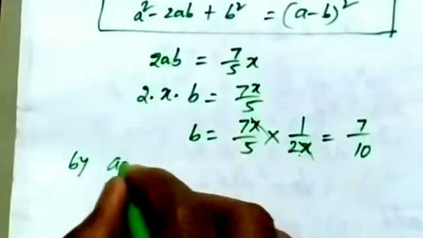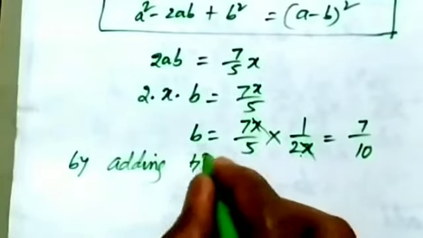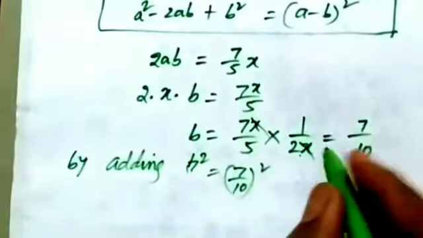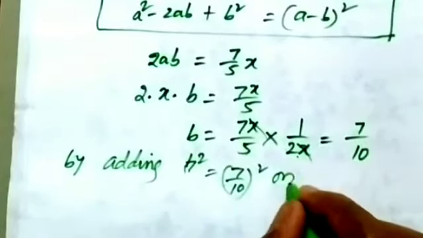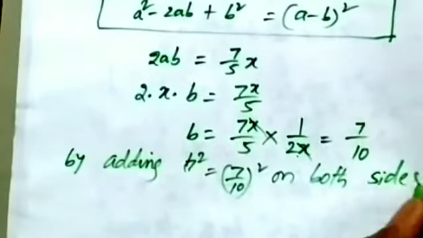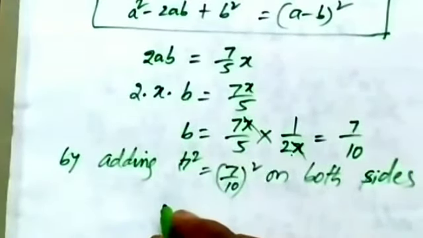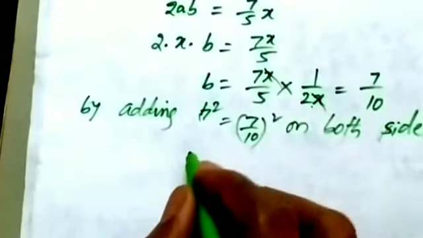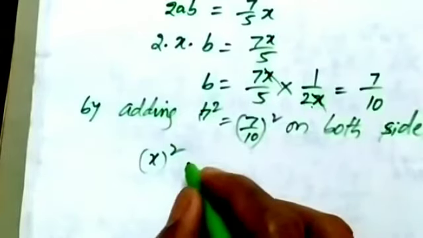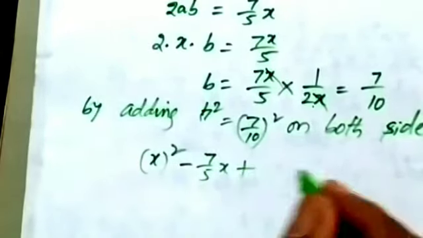Now by adding b square on both sides, b square means 7 by 10 whole square on both sides. So this is a very important step also. These steps make the given equation into a completing the square. X square minus 7 by 5x is the 2ab term.